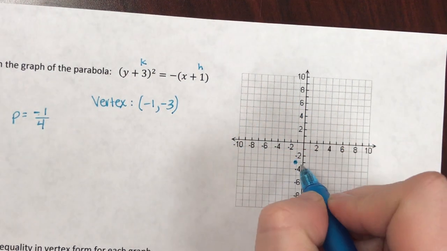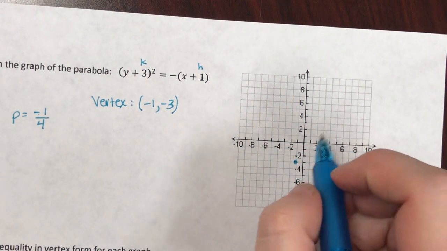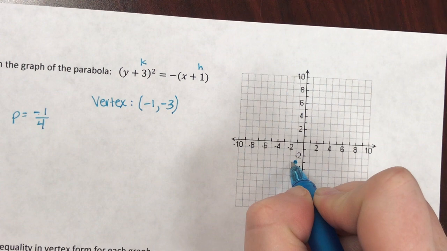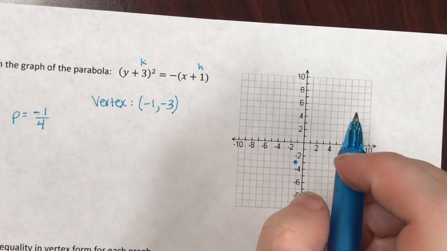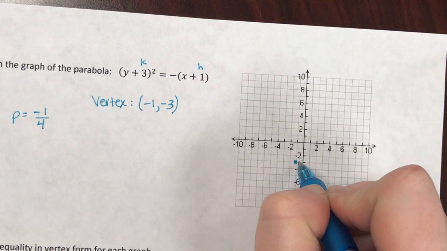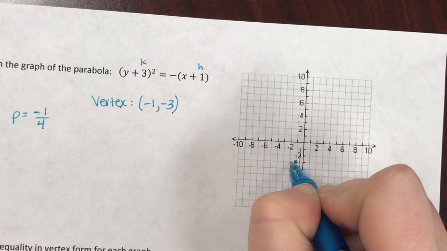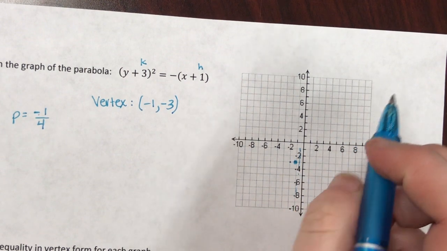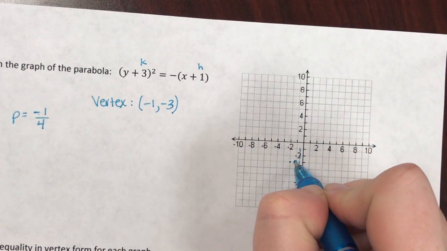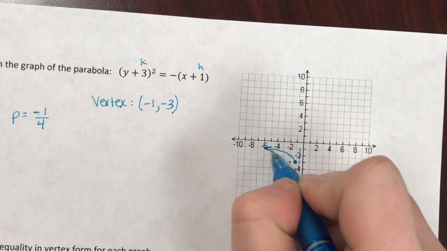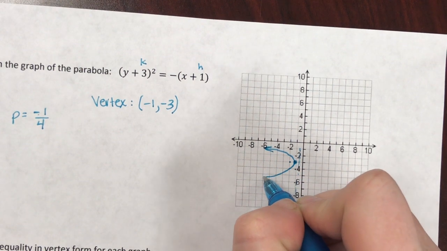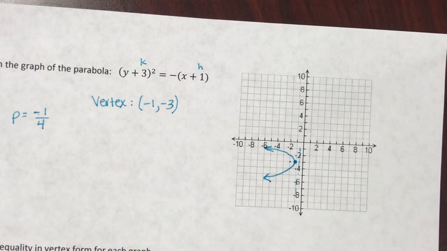So the p-value means that I would go 1/4 to the right to find the directrix and 1/4 to the left to find the focus. My parabola would open to the left.